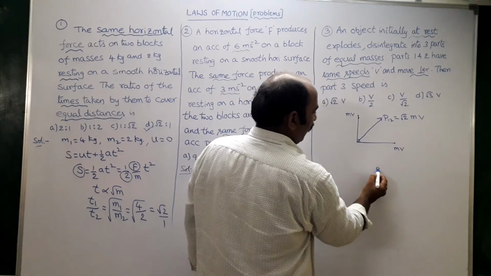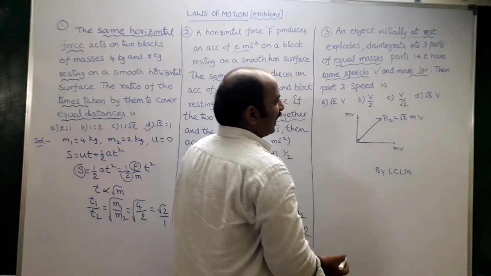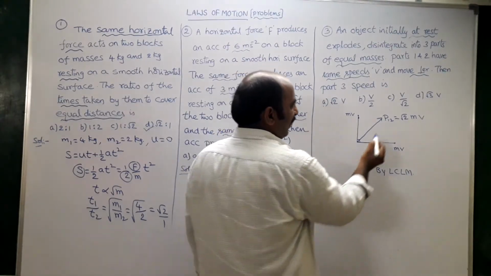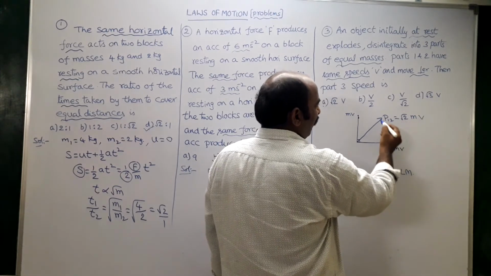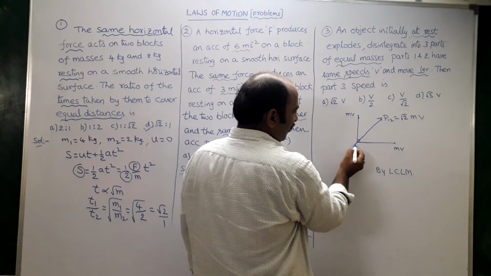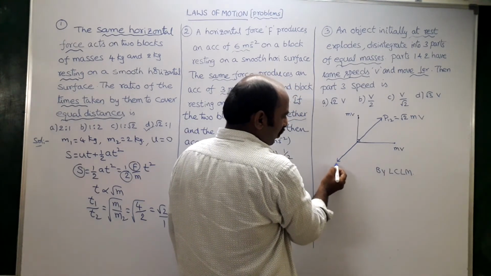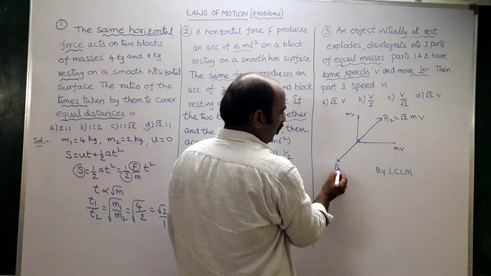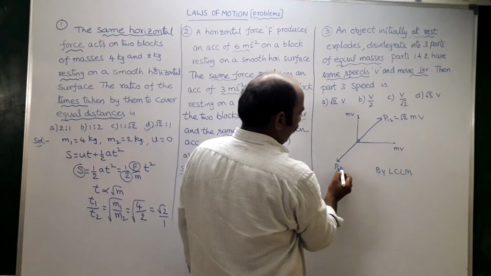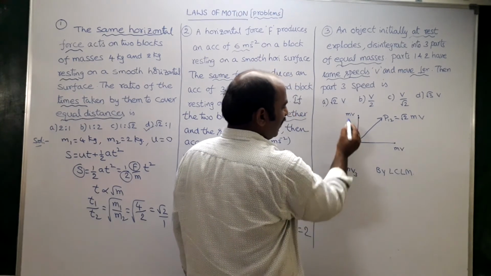By law of conservation of linear momentum, in explosion the total momentum remains constant. That's why the momentum of the first two parts will be balanced by third part. So that's why third part moves in this direction, whose momentum is, suppose P3 is equal m into v3, because mass is same.